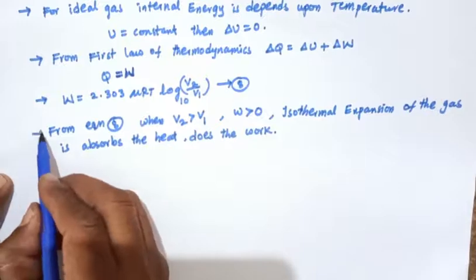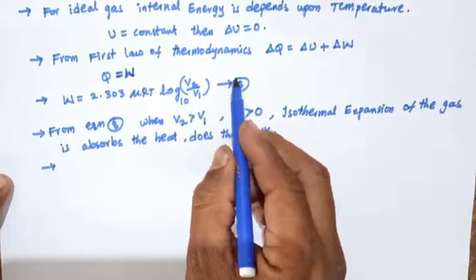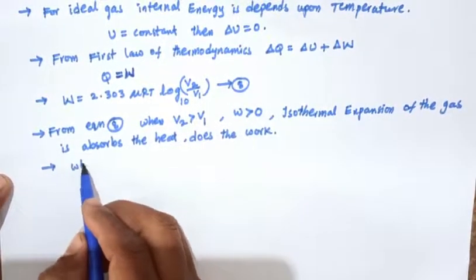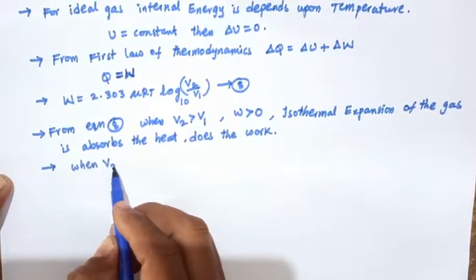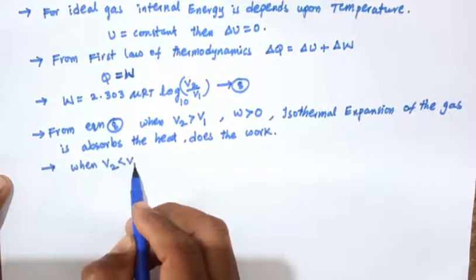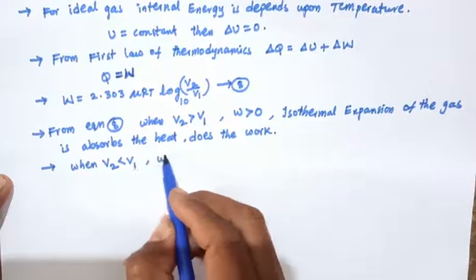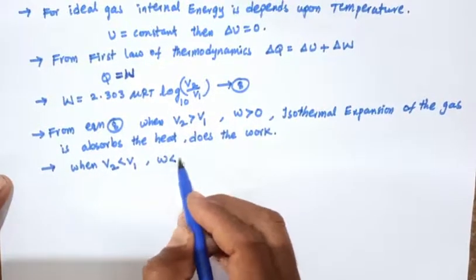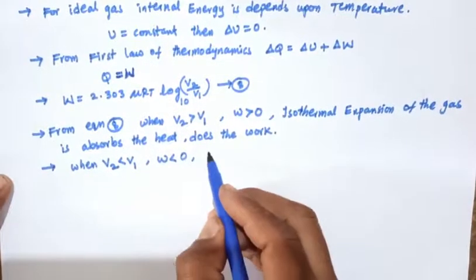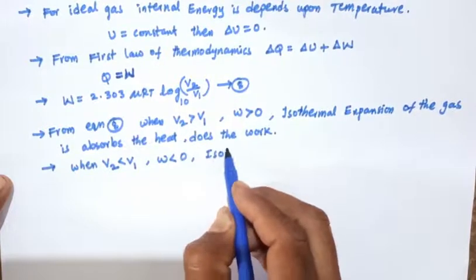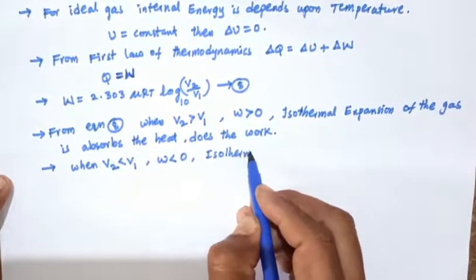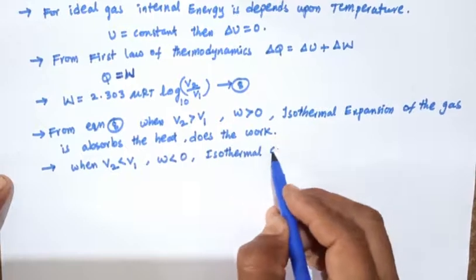And again in this equation, when V2 is less than V1, what happens? Work done is less than 0. This process is called isothermal compression.